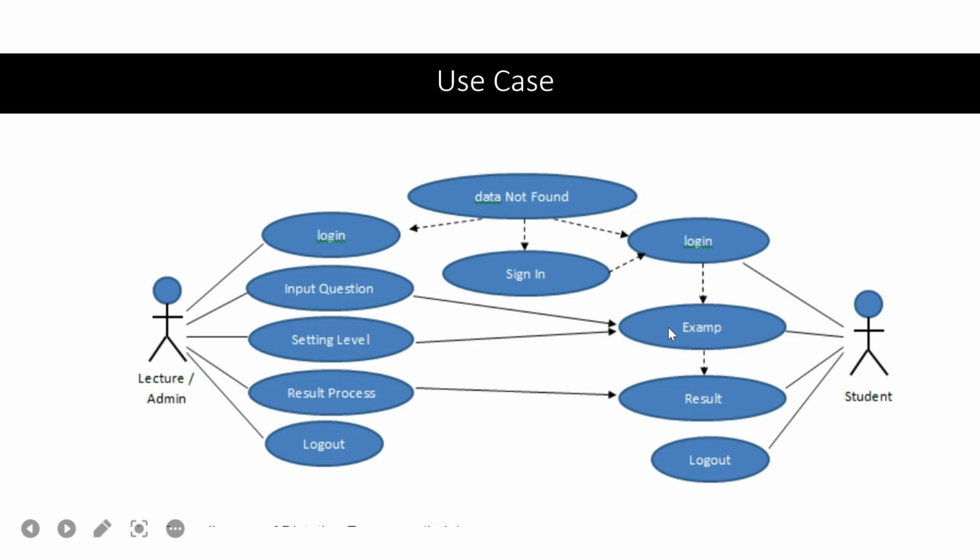Log in, he can take up the exam, he can view the result, and he can log out. How can he take up the exam? From the input question and from the setting level. These two are dependent on this action. And the result, who will be processing it? Only after the lecturer processes the result will the student be able to see the result.